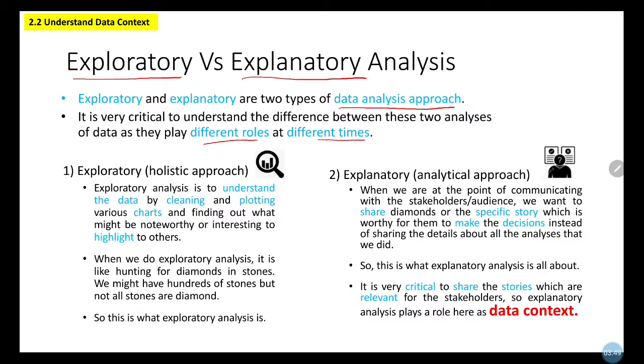It is very critical to share the stories which are relevant for the stakeholders. So explanatory analysis can play a role here as data context, because we have some focus, so we know what to analyze. This is called the analytical approach.